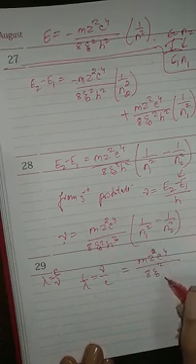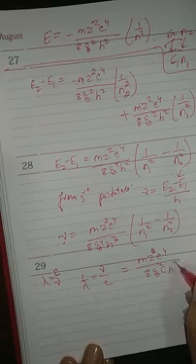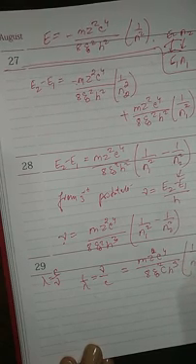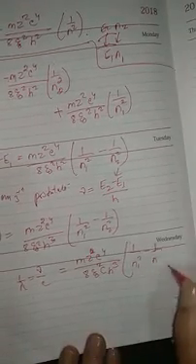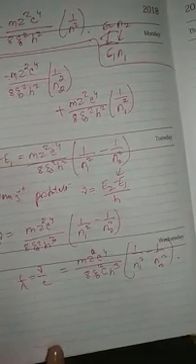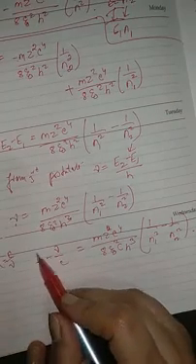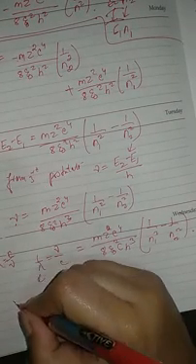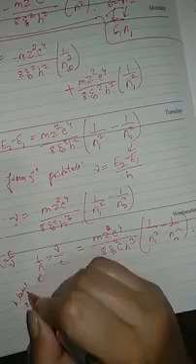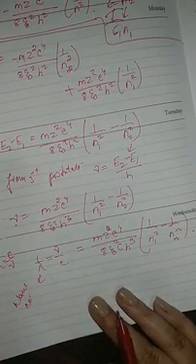In this part we have to add c, h cube, 1 by n1 square minus 1 by n2 square. This 1 by lambda is known as the wave number, the number of waves per unit length.